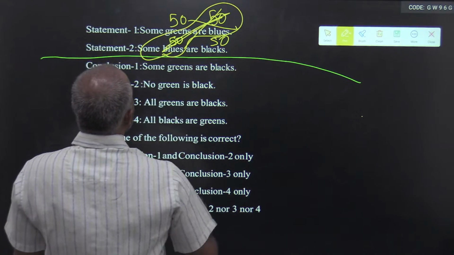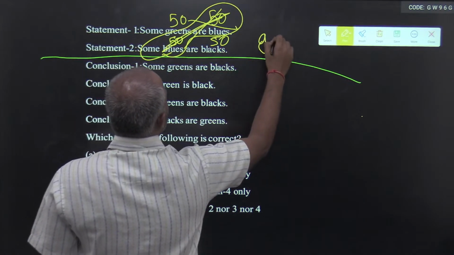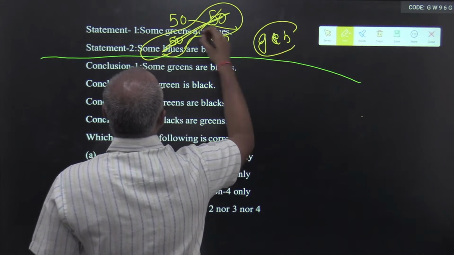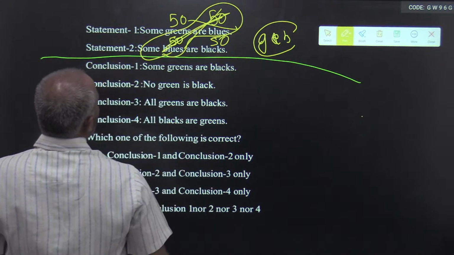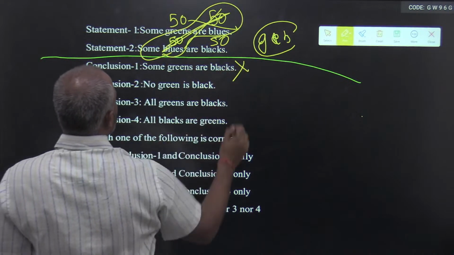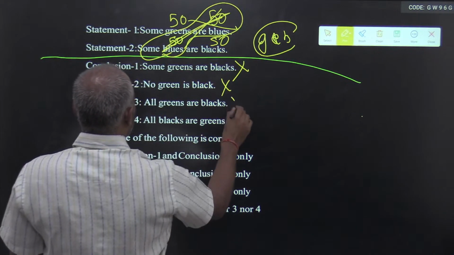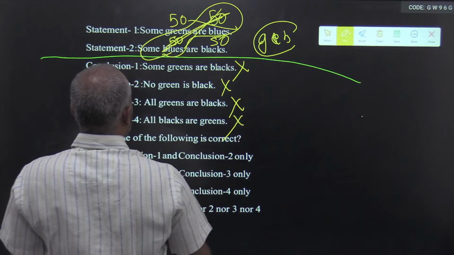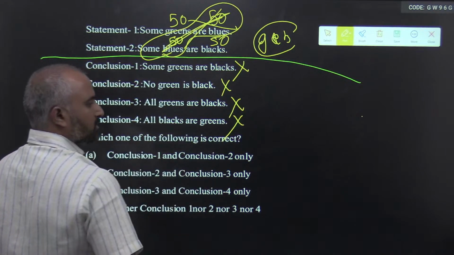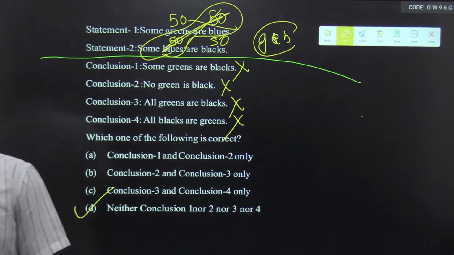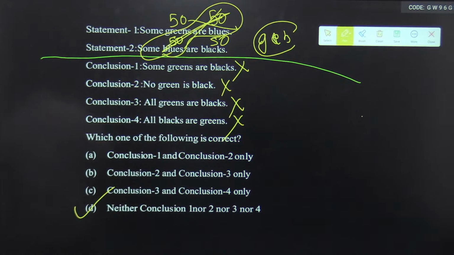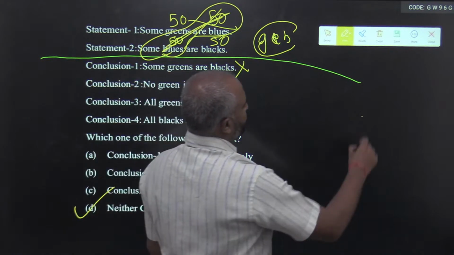There can be no relationship between green and black. So wrong, wrong, wrong, wrong. You see how easy the question is. There can be no relation between green and black. Clear?